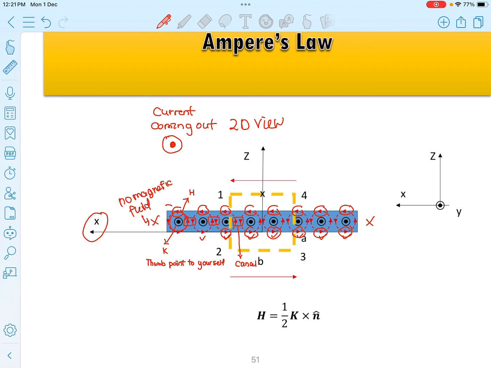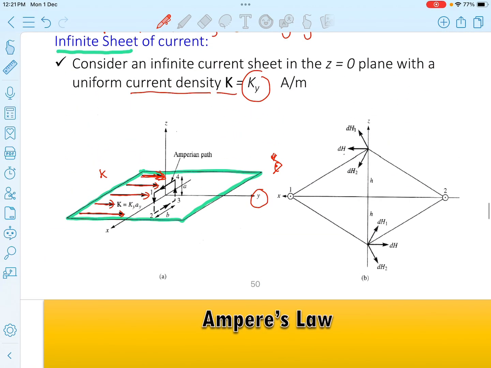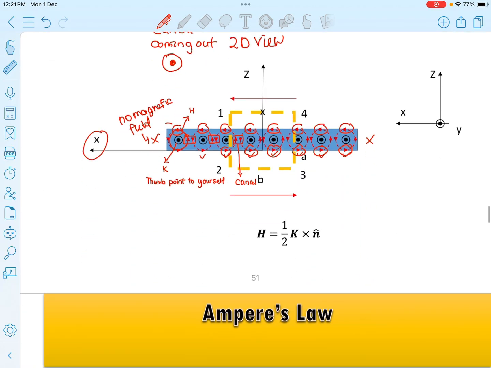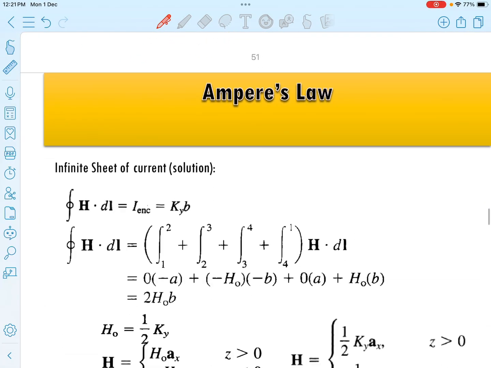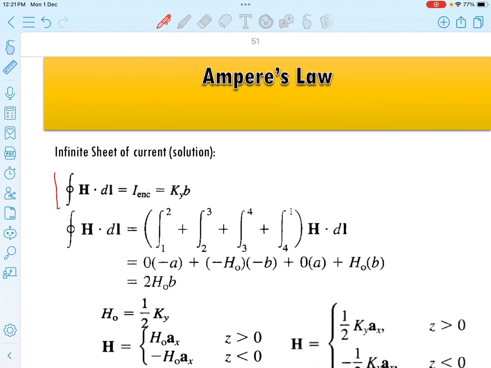So let's use Ampere's law to define the equations for this infinite planar that has the current density K flowing on it. What does Ampere's law say? If we integrate H in a closed loop, we get the I that is enclosed by the loop.